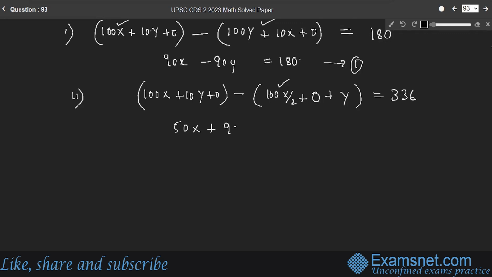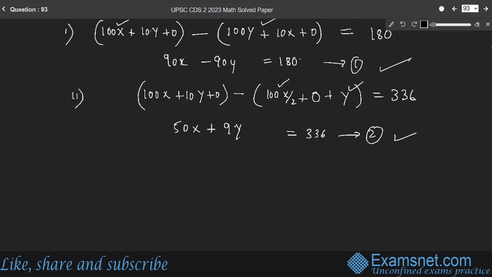So it becomes 50X plus 9Y, which is equal to 336. We'll call this equation 2.